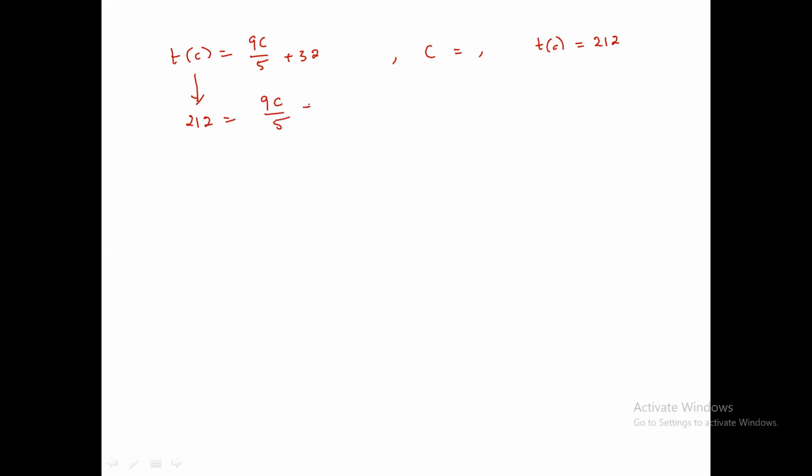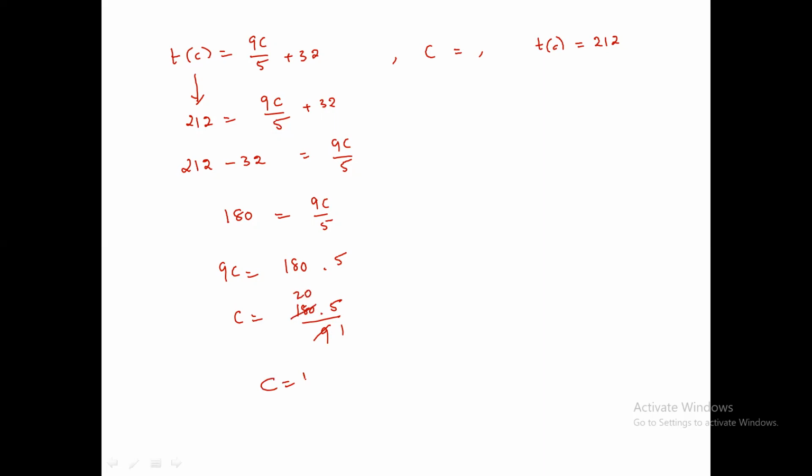Then you can write 212 minus 32 equal to 9C by 5, because we are finding C. 212 minus 32 is 180 equal to 9C by 5. 9C is equal to 180 into 5, and C will be equal to 180 into 5 by 9. 9 ones, 9 twos.